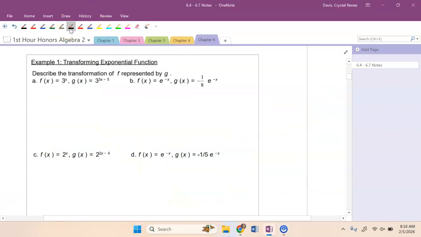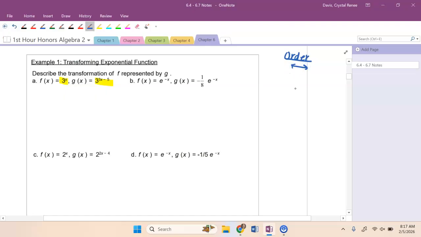All right, so let's look at some exponential function examples. We're talking about transformations once again. On A, we go from 3 to the x to 3 to the 3x minus 5. Remember, when we're looking at graphs, we want to follow a certain order. First we look to see if we're moving left or right.